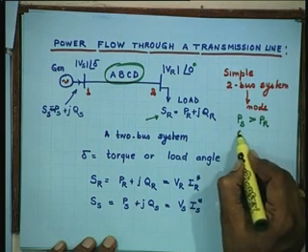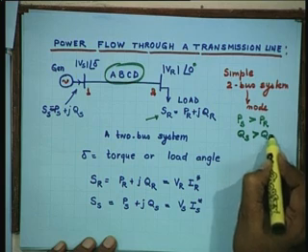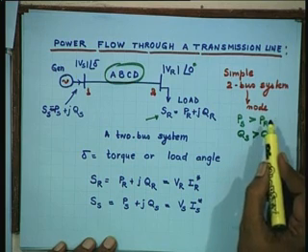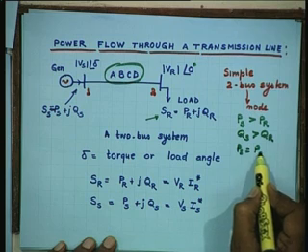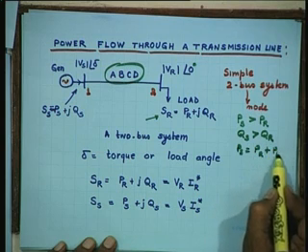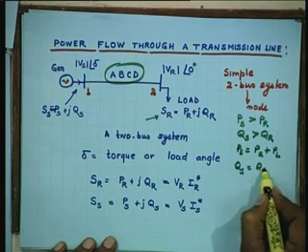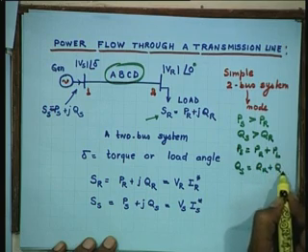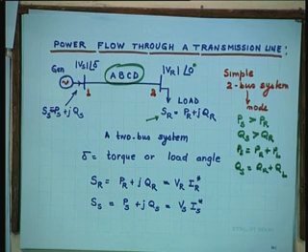Similarly, QS is also going to be greater than QR, and if you want equality, then you will have PS is equal to PR plus P losses. Similarly, QS is equal to QR plus QL. Reactive power loss, active power loss. PL and QL denote real and reactive power losses respectively.